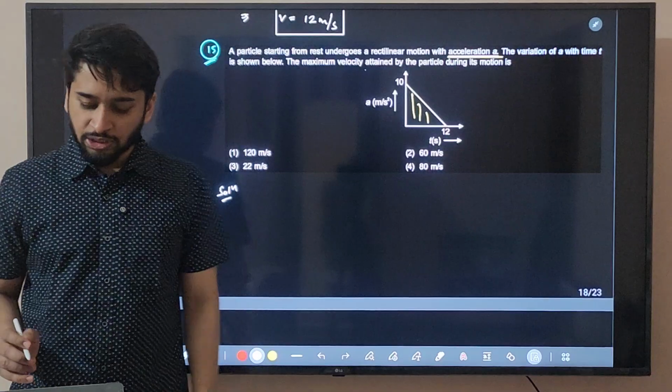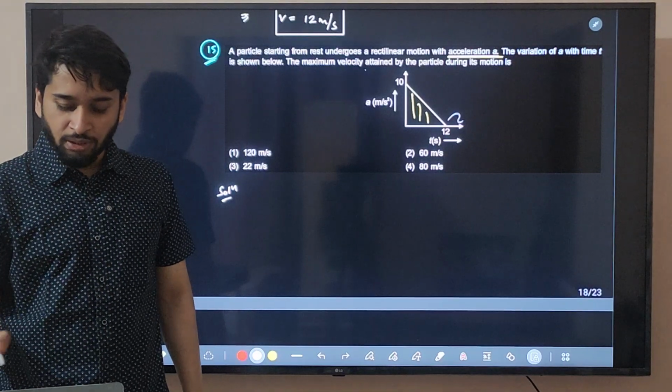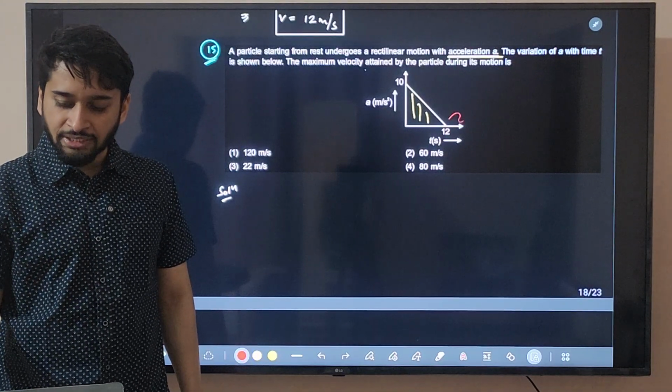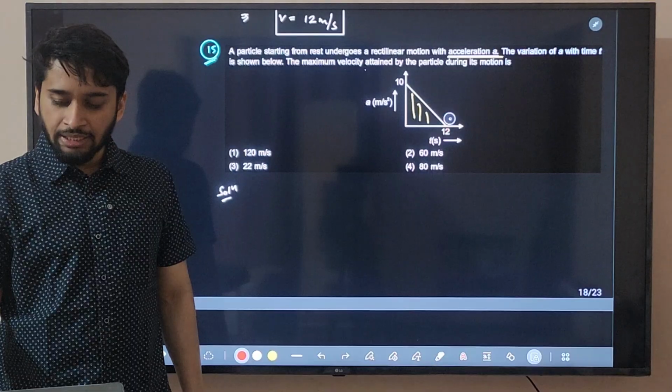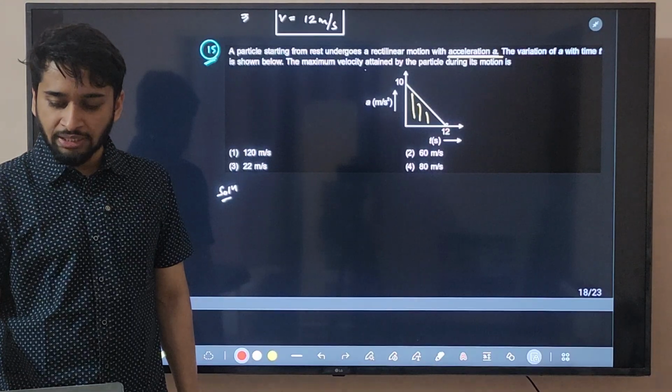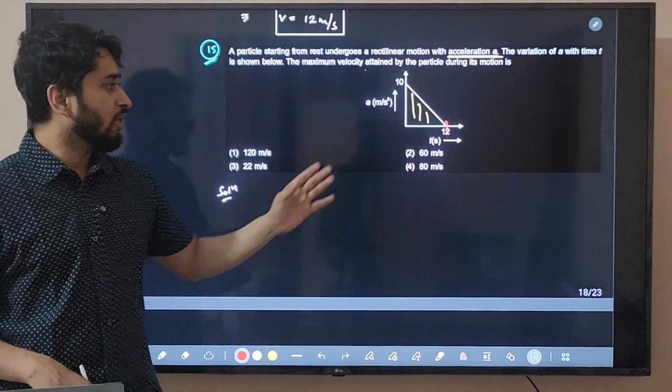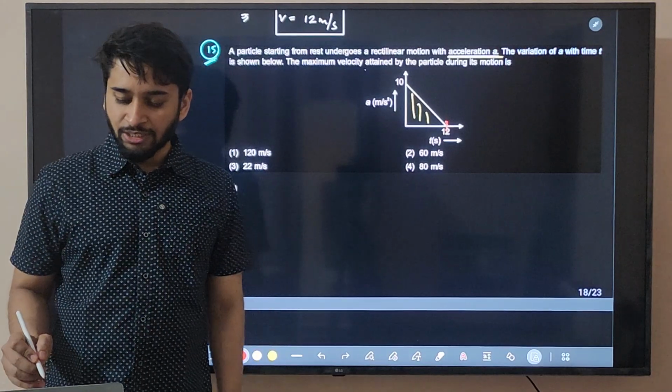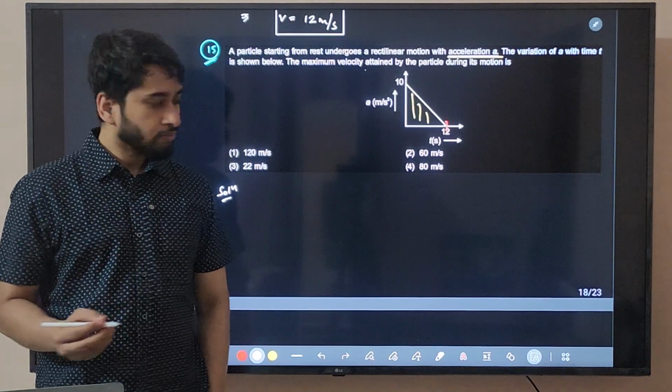So maximum velocity will be attained at t equal to 12, because till that point the area is maximum, so the increase in velocity will be maximum. If the increase in velocity is maximum, the velocity value will also be maximum, right? Fine.